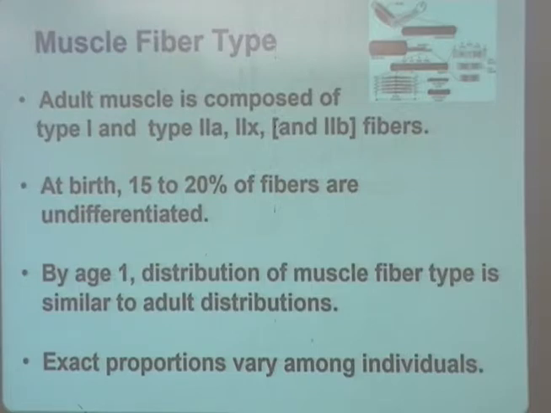Some of them contract slowly, but they can keep going for ages and ages. Well, that's great if I want to go hiking. Right? Some of them contract very quickly and are very powerful, create force very quickly. That equals power. Right?